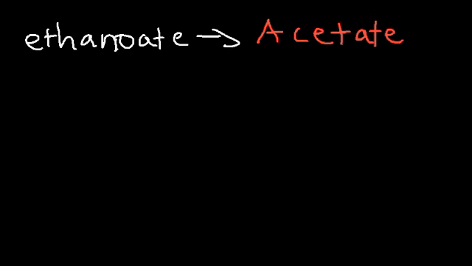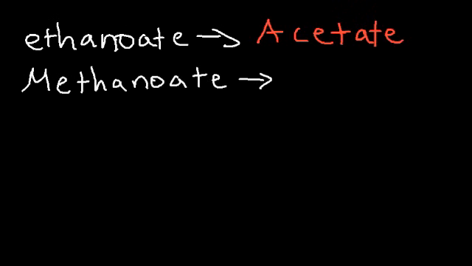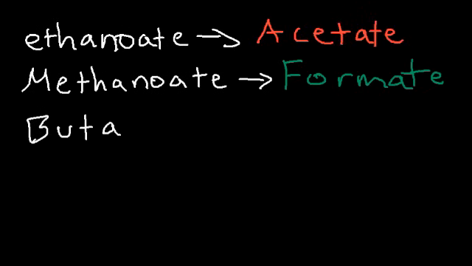Now, if you were to see, let's say, methanoate, you can replace it with the common name formate. And typically, if you see butanoate, the common name for that doesn't really change much, but it's like butyrate.